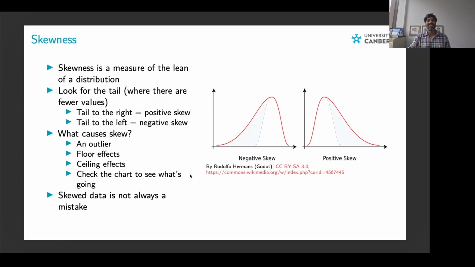So skewness, you can think of it as a measure of the lean of a distribution. And so the way to think about it is that in negative skew, much of the data is shifted on the right, and in positive skew, much of the data is shifted on the left. So how do you remember this?